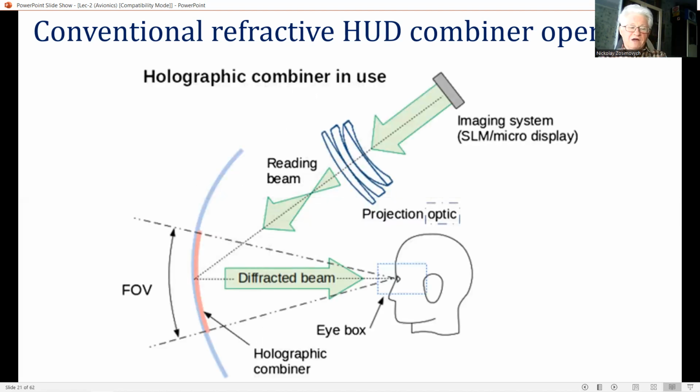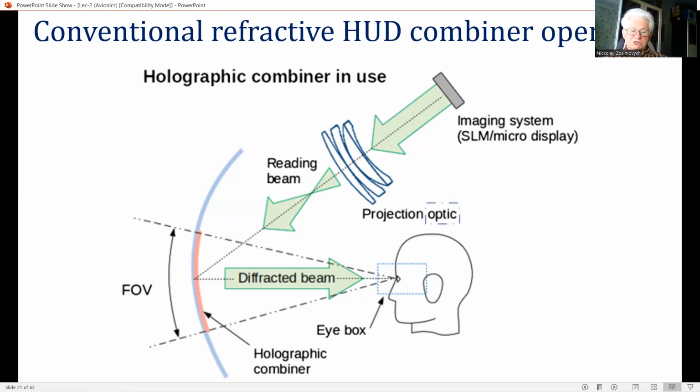The use of holographically generated optical elements can enable the FOV to be increased by a factor of 2 or more, with the instantaneous FOV equal to the total FOV. Very much brighter displays, together with a negligible loss in outside world visibility, can also be achieved, as will be explained in the next section of our lecture.